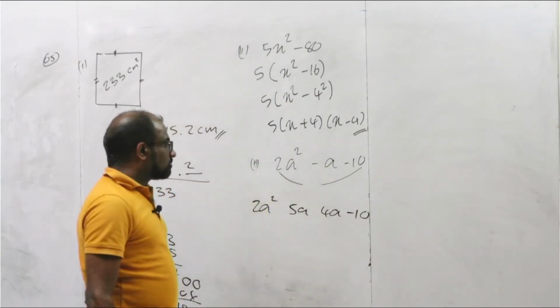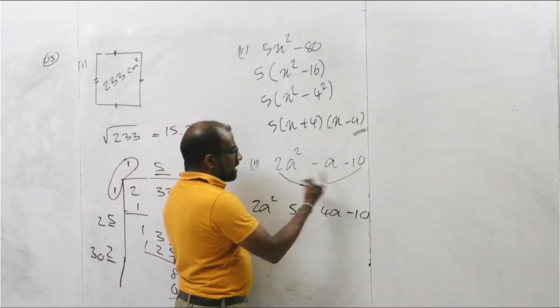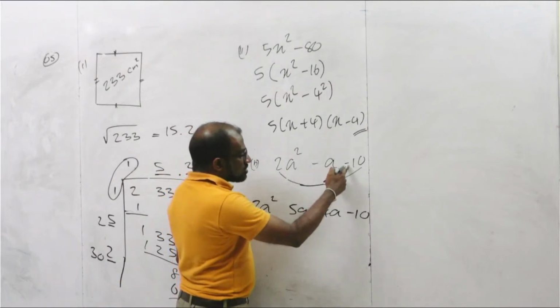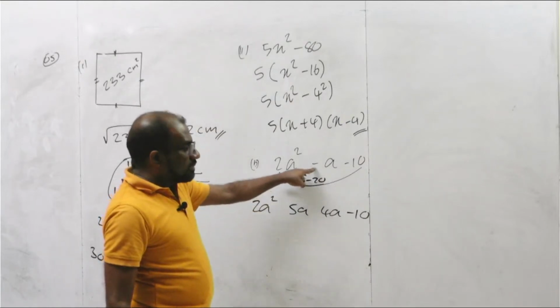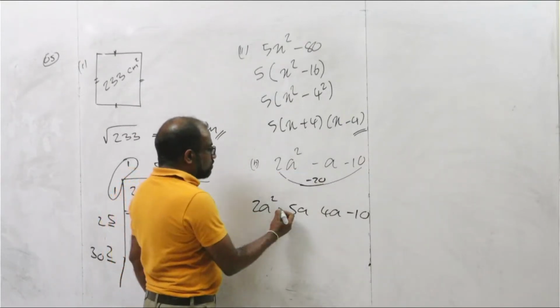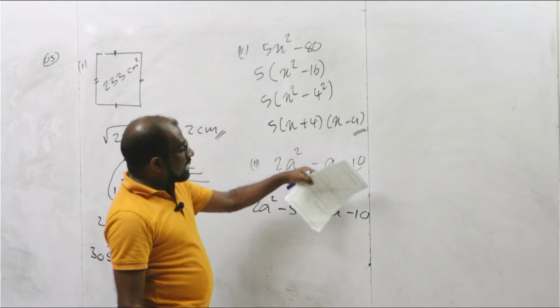Now let's put the symbols. We need the product to be minus 20, 2 times minus 10. The middle term is minus, so the largest number should be minus. The symbol comes from the largest number when you simplify.